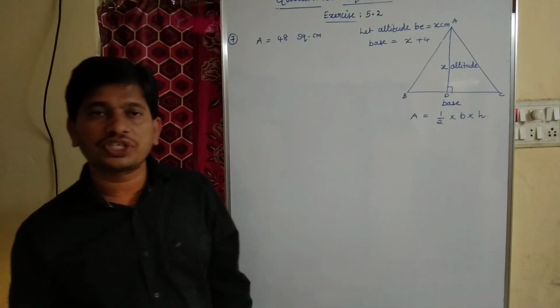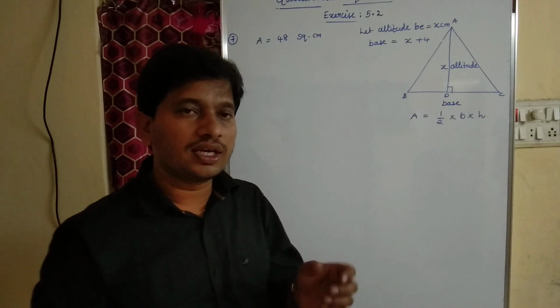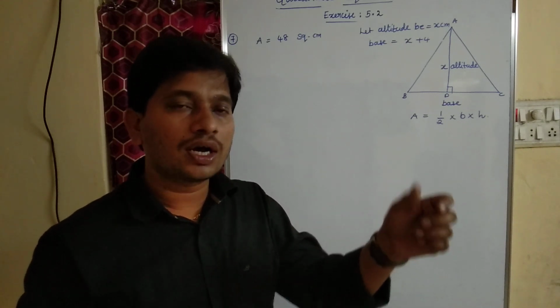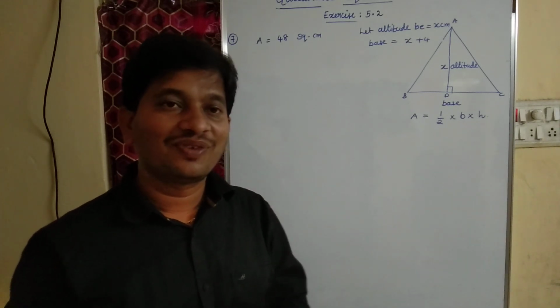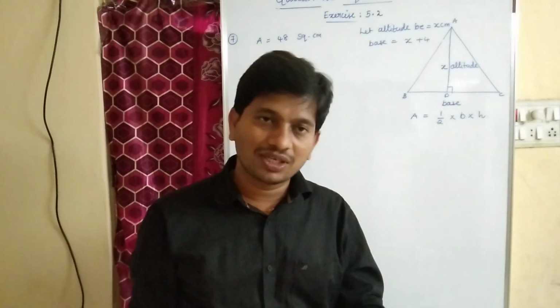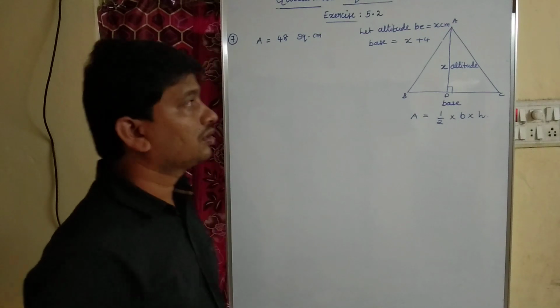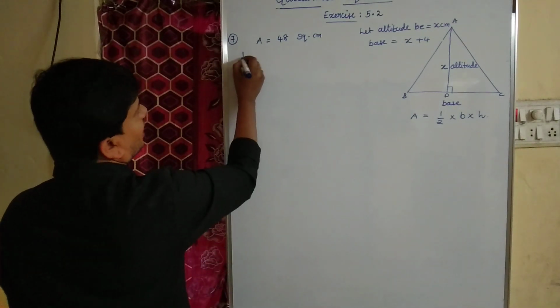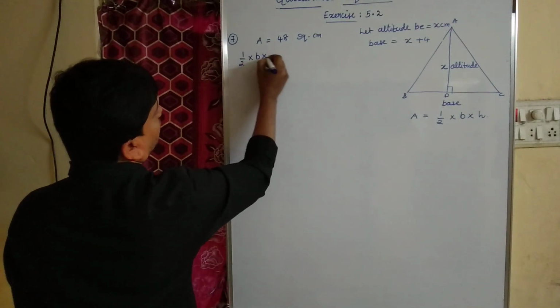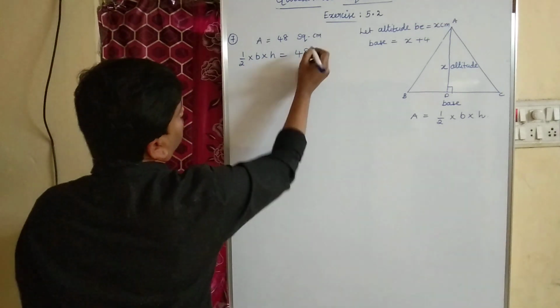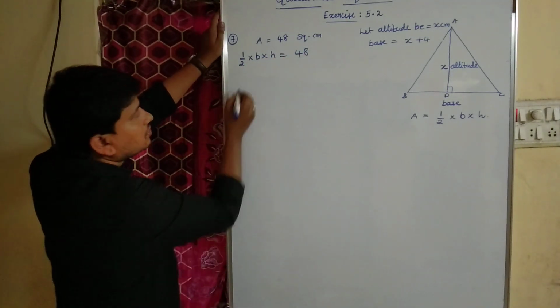Did you understand the first statement, children? Base of a triangle is 4 centimeter longer than its altitude. We consider altitude as x centimeter, then base will be x plus 4. Okay children? So let us substitute, as we know that area of triangle is half into base into height, which is equal to 48.